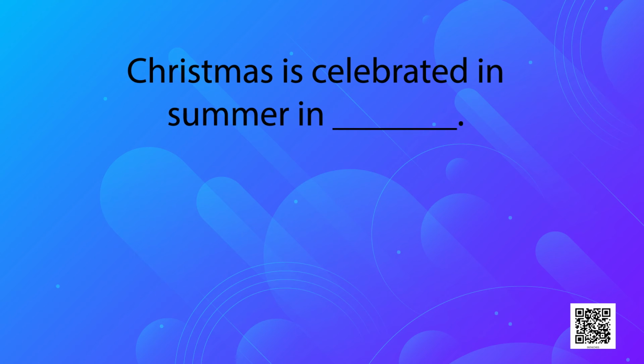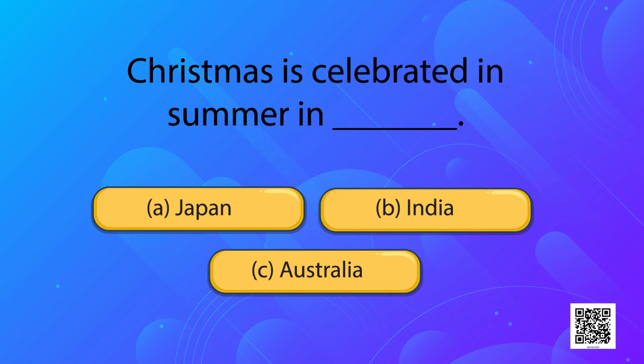Question number 3. Christmas is celebrated in summer in option A, Japan, B, India, C, Australia. The right answer is option C, Australia, as it lies in the southern hemisphere.